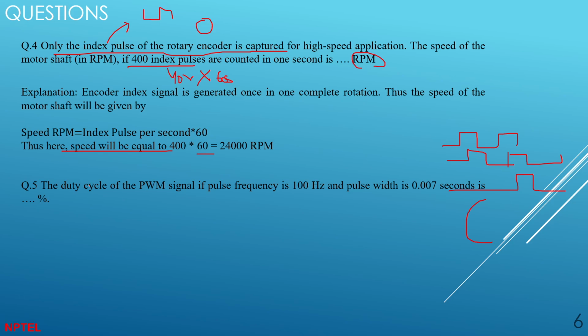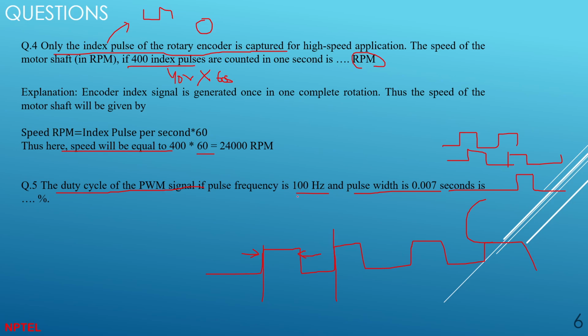There is one more simple question: the duty cycle of the PWM signal, if the pulse frequency is 100 hertz and the pulse width is 0.007 seconds. The pulse frequency is 100 hertz. What is frequency? It starts from somewhere and goes through a cycle.